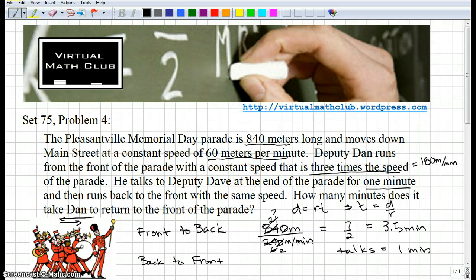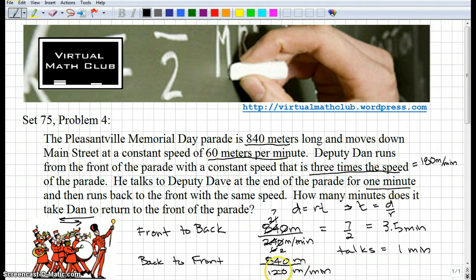So the relative speed with respect to the parade is 180 minus 60 meters per minute. So that gives us 120 meters per minute. Okay, so that's Dan's speed relative to the parade instead of the ground. And the parade is still 840 meters.